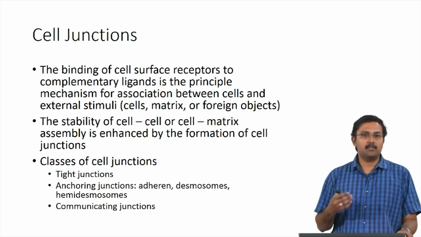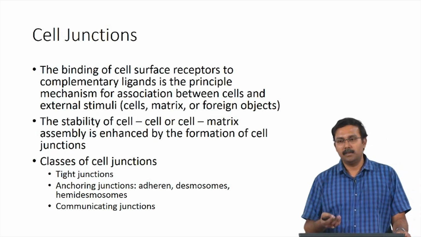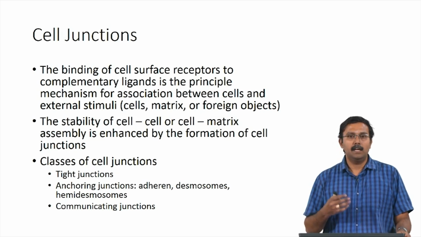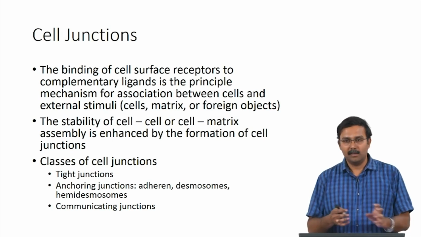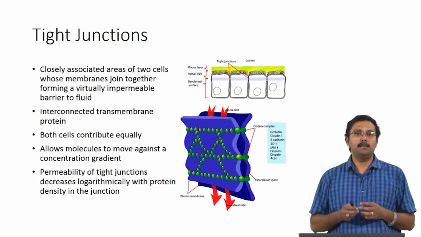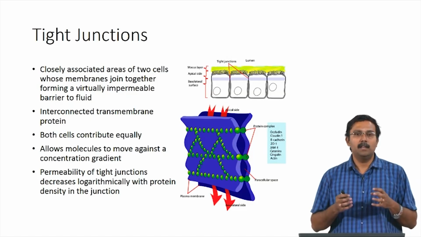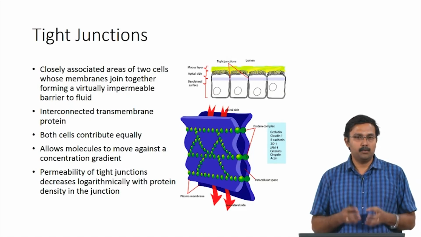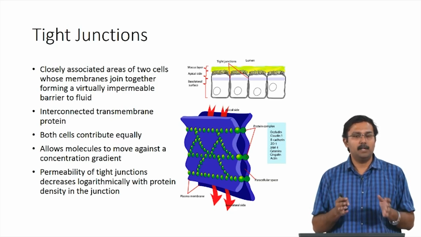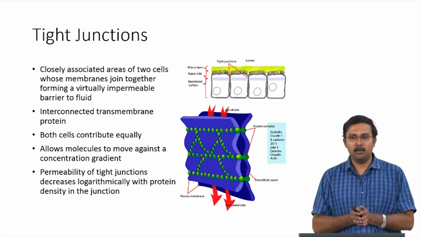So, there are different classes of these cell junctions. So, the first type is called as a tight junction. You also have anchoring junctions and communicating junctions. So, we will quickly go through what these are. So, a tight junction is basically something where closely associated areas of two cells whose membranes are joined together form a virtually impermeable barrier to a fluid.